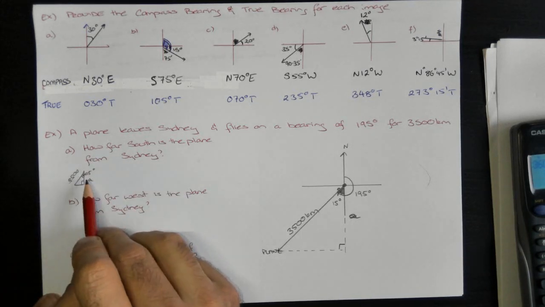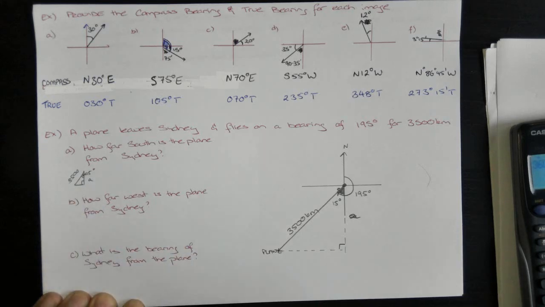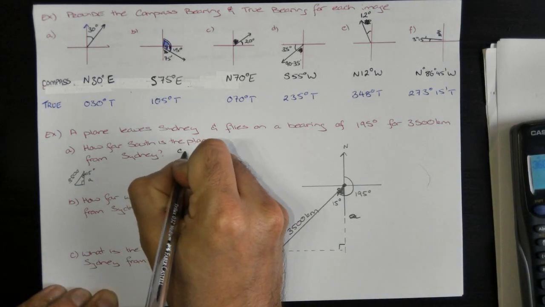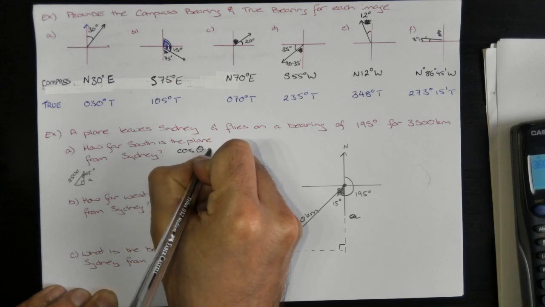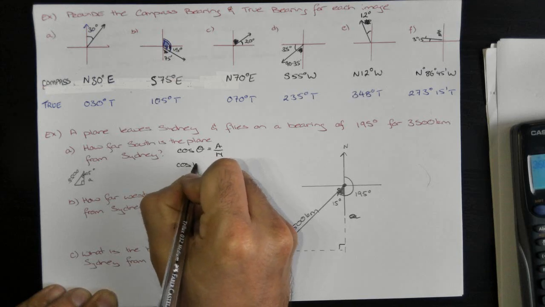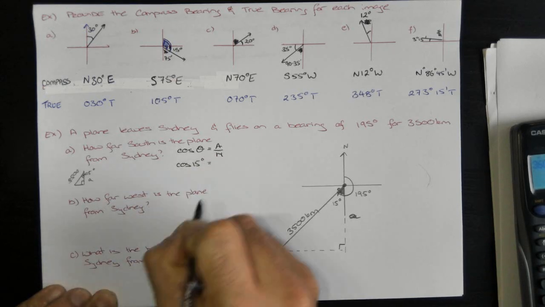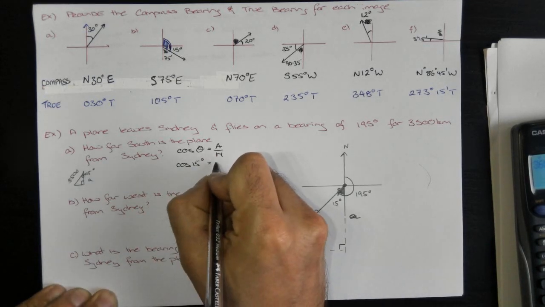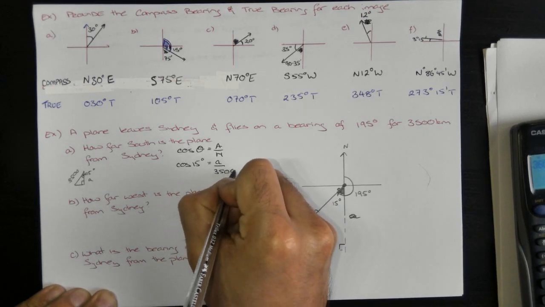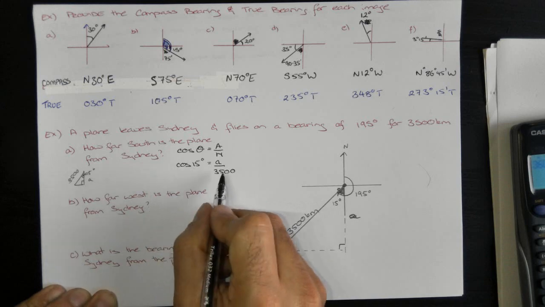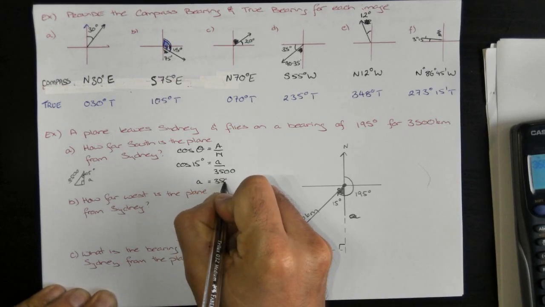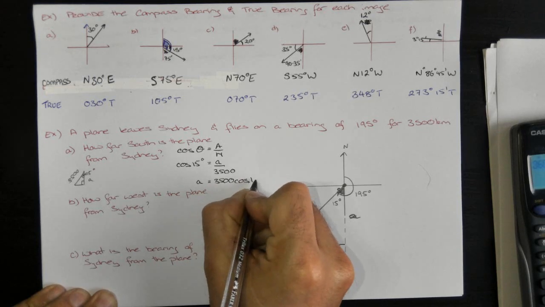So I actually have adjacent and hypotenuse. I have a cos. So I can do cos theta is A over h. Cos was 15 degrees. A, the adjacent, we're not quite sure. That's what we're trying to find. The hypotenuse is 3,500. If I multiply both sides by 3,500, I get A equals 3,500 cos of 15.